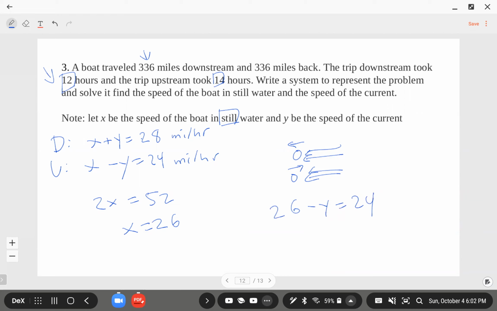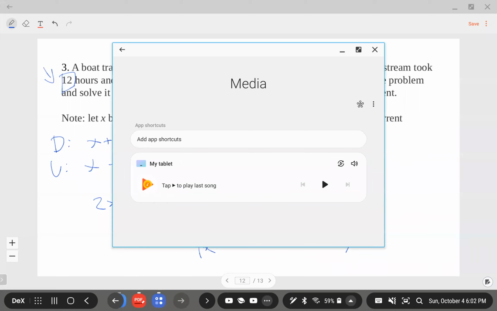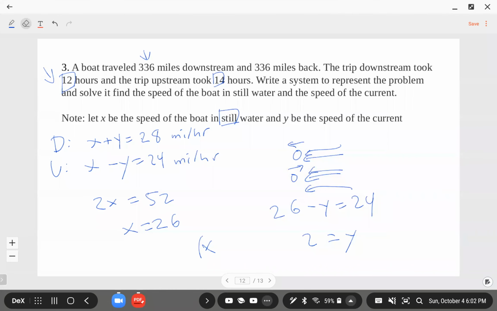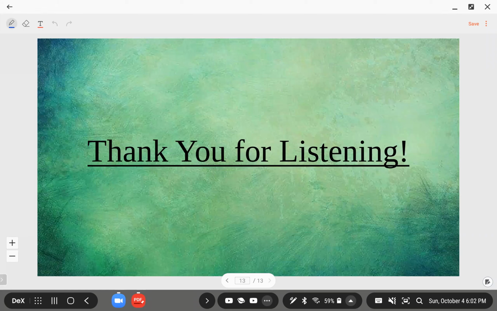So 24 over here, 2 equals y. Same thing. So we get our answer: x should be 26, y is 2. There we go. So that was our last problem.